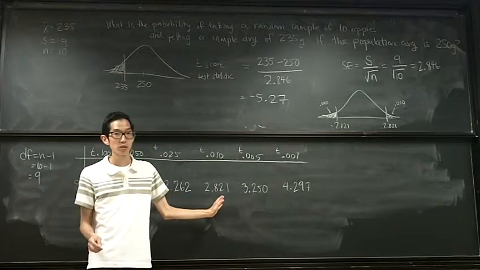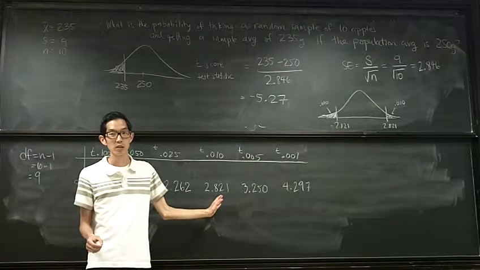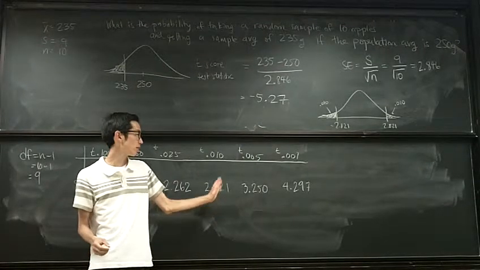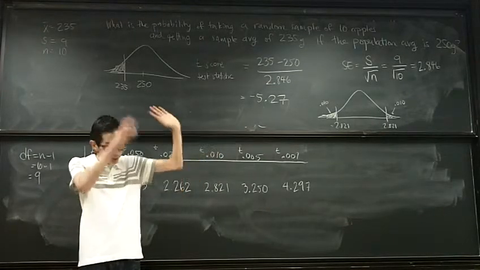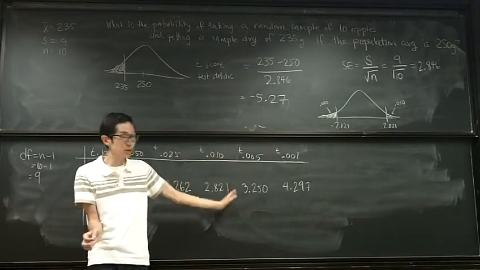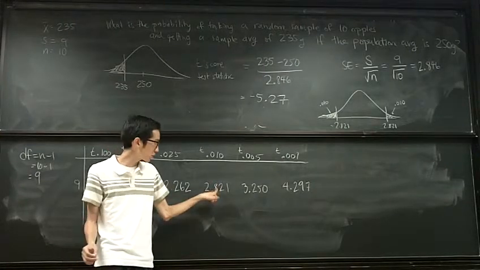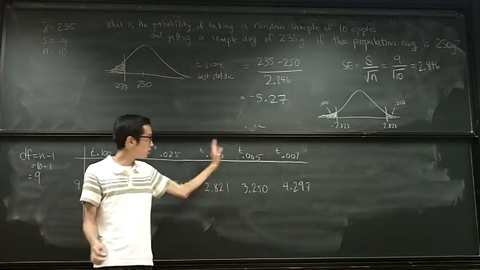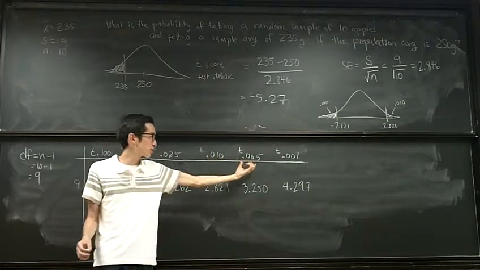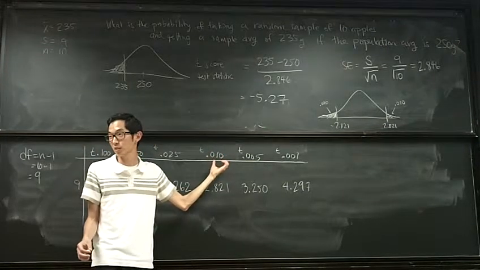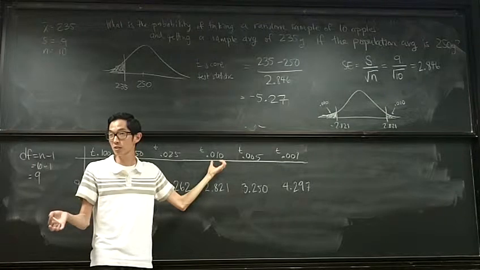I wouldn't even have to find the middle. Just make it simple for ourselves. Just say if the number was 3, 3 is in between this number and this number. So I don't know how much is in the tail, but I do know it's between 0.005 and 0.010. Okay, does that make sense?